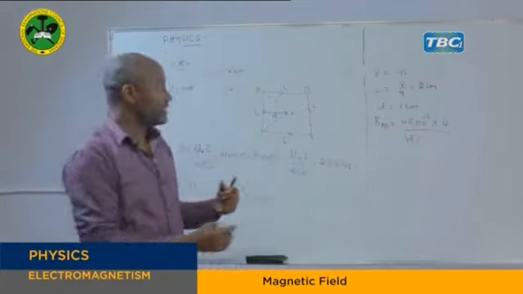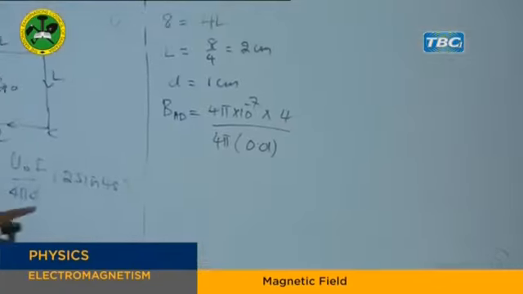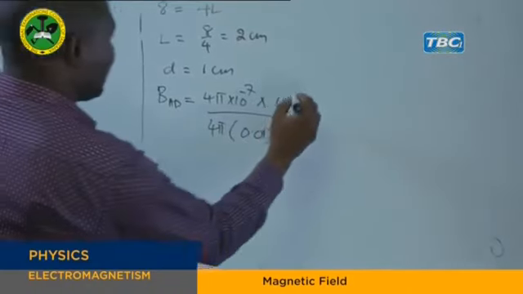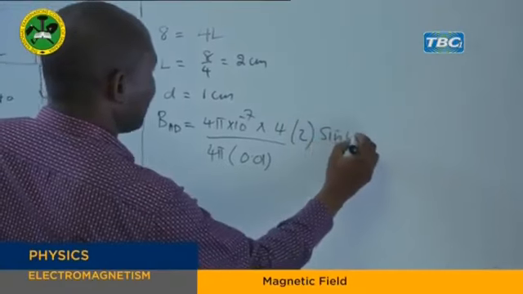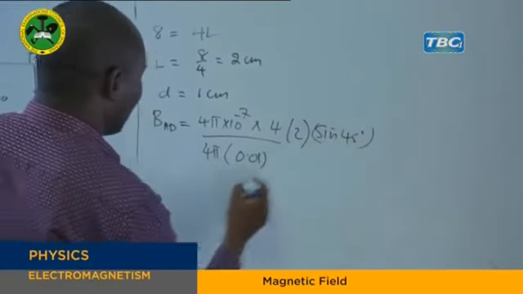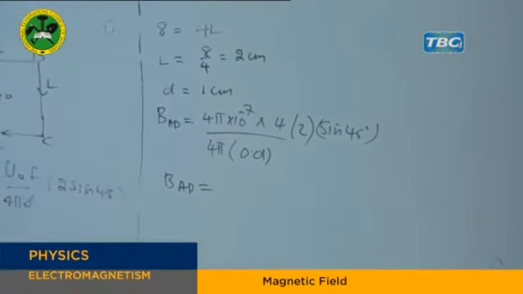If you convert into meter, it's 0.01. And then you multiply by sine of 45.